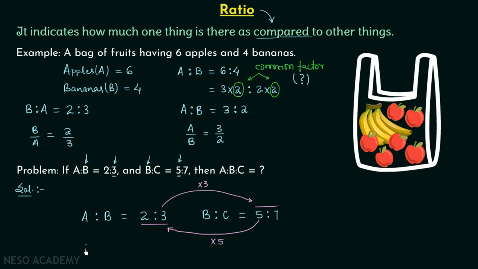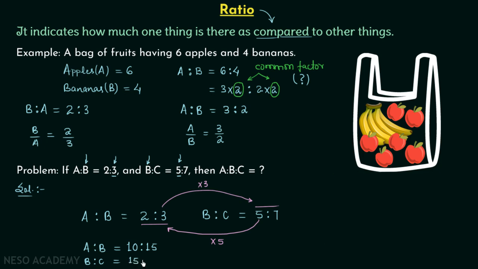So the new A ratio B is equal to 10 ratio 15, since 2 multiplied by 5 is 10 and 3 multiplied by 5 is 15. And the new B ratio C is equal to 15 ratio 21, since 3 multiplied by 5 is 15 and 3 multiplied by 7 is 21.